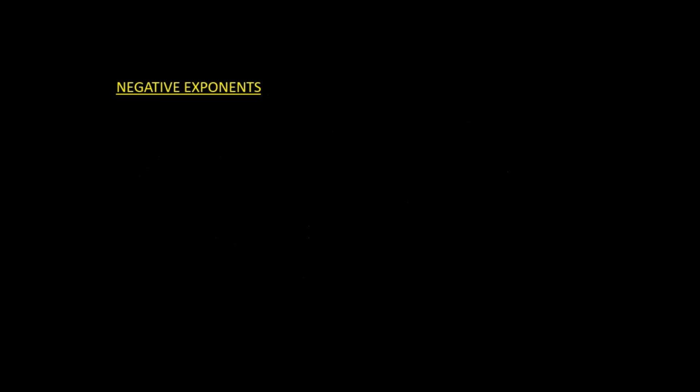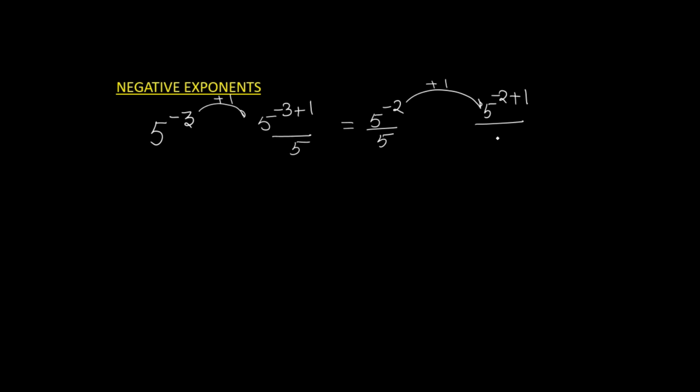Okay, let us see what if it is, say, 5 to the power of negative 3. So 1 more than negative 3: it is 5 to the power negative 3 plus 1, divided by 5, which is nothing but 5 to the power negative 2 divided by 5. Now again we can write 5 to the power negative 2 as negative 2 plus 1, divided by 5, and further divided by this 5.